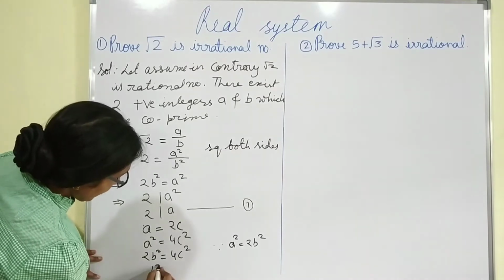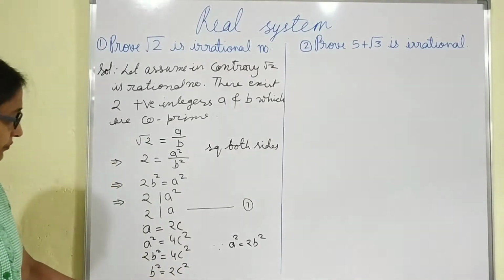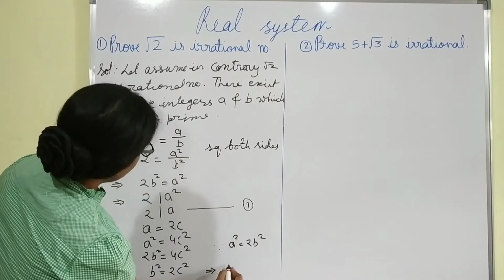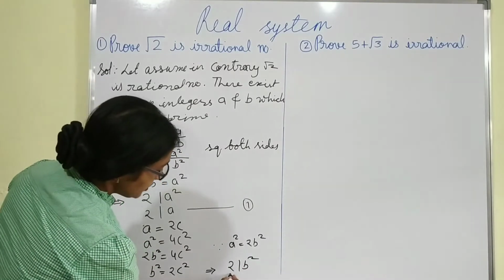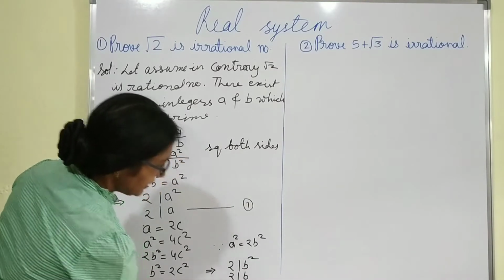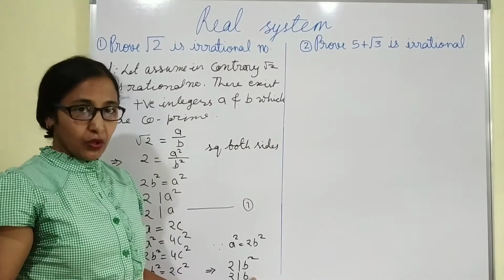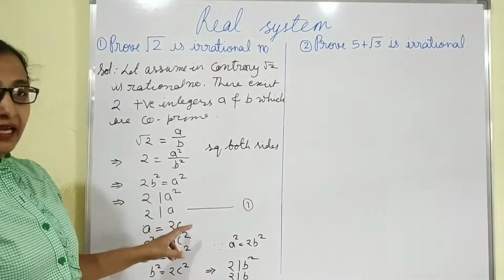So b square equals 2c square. So we can say 2 divides b square, which means 2 divides b. 2 divides a, 2 divides b. So 2 divides a and b both.